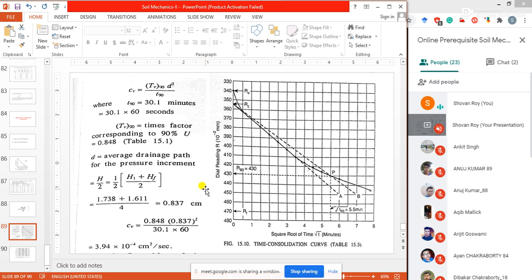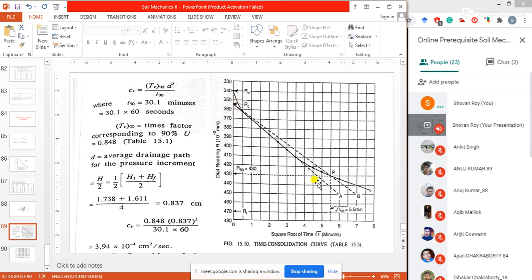The straight portion is line A. Suppose this solid line is our actual compression line over time; this is the dial reading over time which we got from our laboratory test.